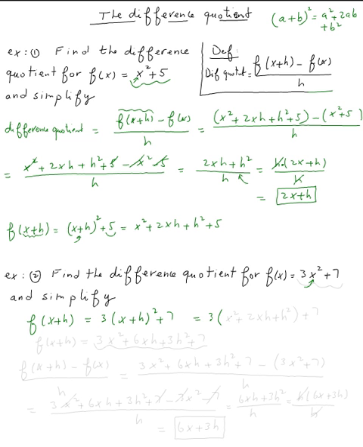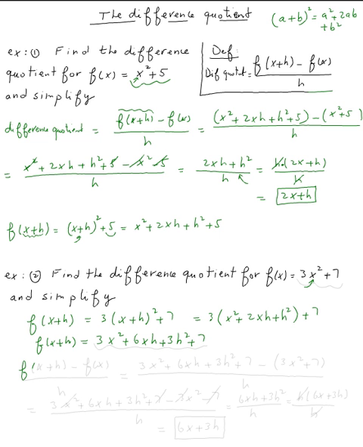Remember, it's always going to be the first term squared plus 2 times first term times second term plus second term squared. The difference between this example and the first example is we're going to distribute more. There's one more step. So distribute the 3, you get 3x squared plus 6xh plus 3h squared plus 7. So this is just f of x plus h.